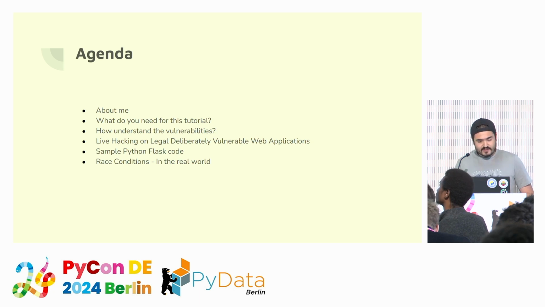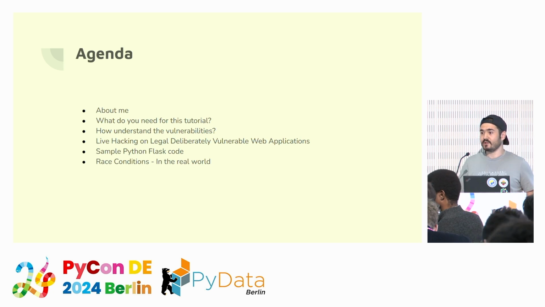Today's agenda is a little bit about me, what you need for this tutorial, and how to understand the vulnerabilities. We are going to have live hacking sessions, 3 live web applications that we are going to attack, if it's possible to say.